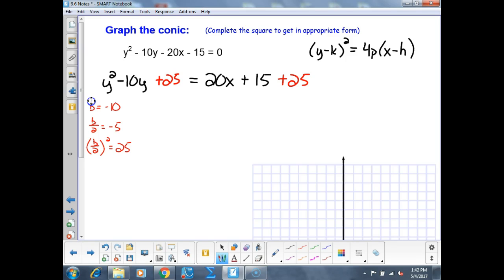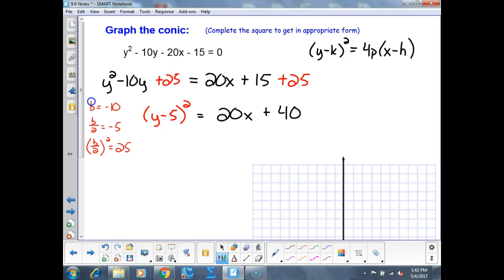Left side becomes y minus 5 quantity squared. Right side becomes 20x plus 40. Does it look like my form yet?